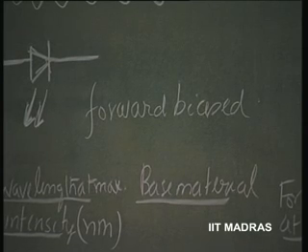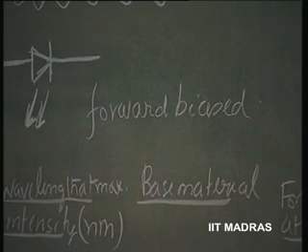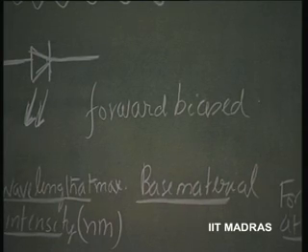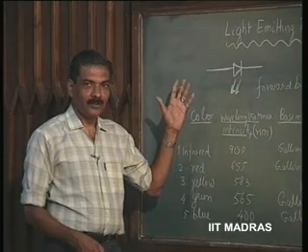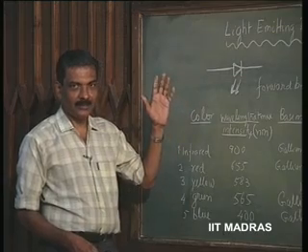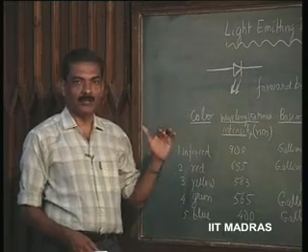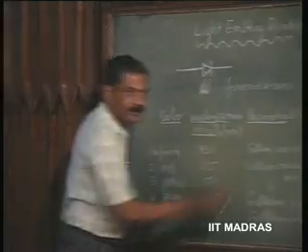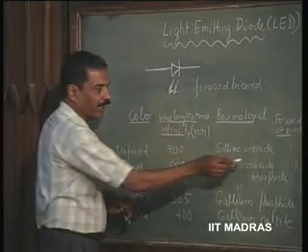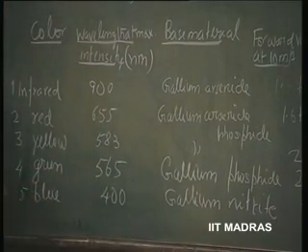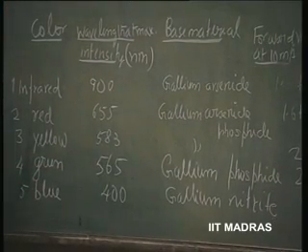But such a diode is not a silicon diode. Silicon is a group 4 element. It is made out of a 3-5 compound element, which is called gallium arsenide, or gallium arsenide phosphide, or gallium nitride, gallium phosphide.